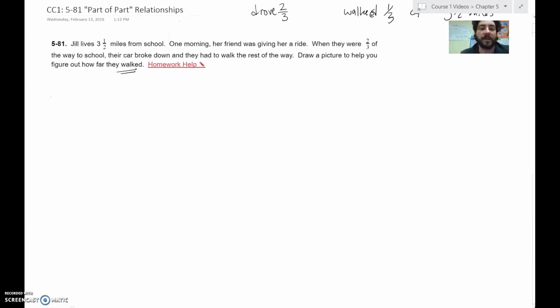So let's start with a diagram. One thing you could do is a number line. I'm going to go past 3 miles and draw 4 miles here. So here's 0 miles.